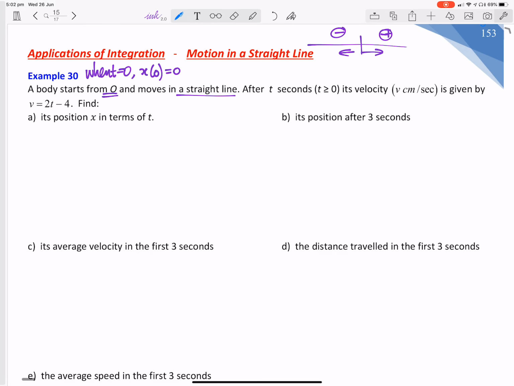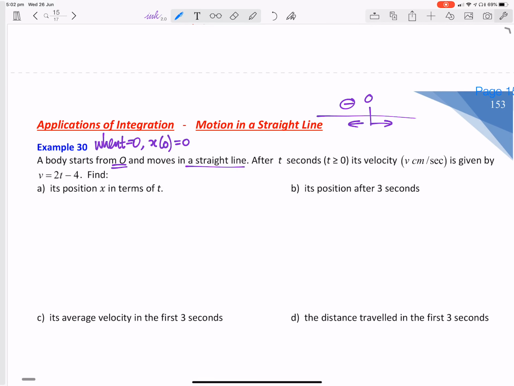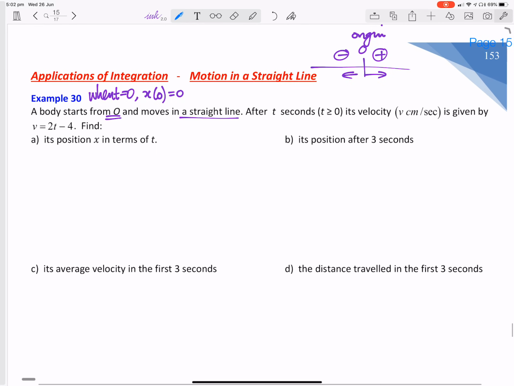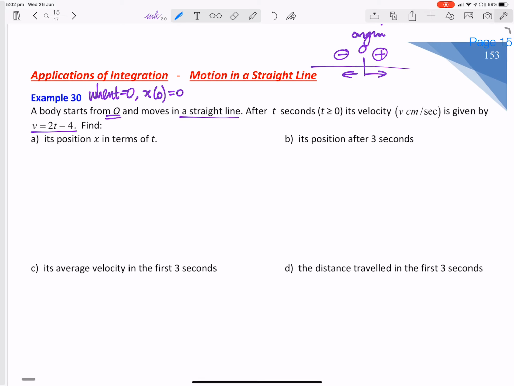If it's negative, it's going to the left. So this is O, our origin, positive and negative. After t seconds, its velocity is given by v is 2t minus 4. So that's how we get our velocity at any time, but time has to be positive or 0. It says, find its position x in terms of t.